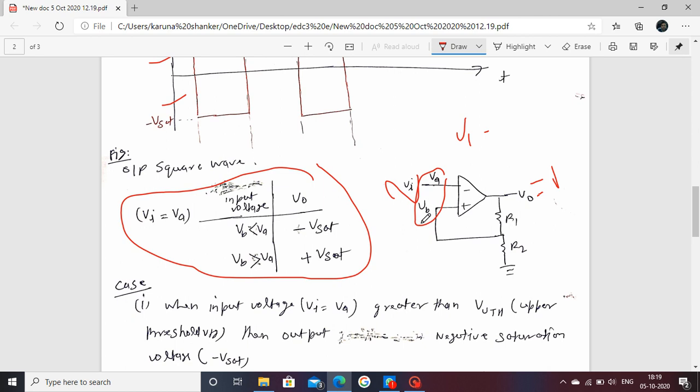Both are considered in terms of their difference. Suppose VA is greater than VB, or VB is greater than VA. Two conditions are formed here. Suppose VA is greater than VB. VA is the input voltage, and it is greater than the feedback voltage, the VB voltage. Then the output is equal to minus V set.